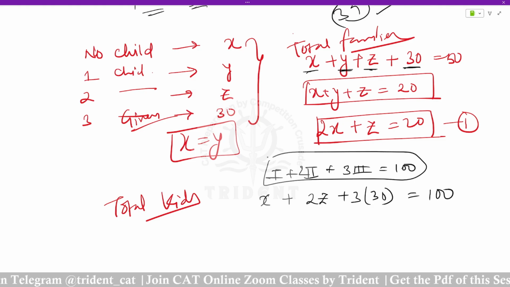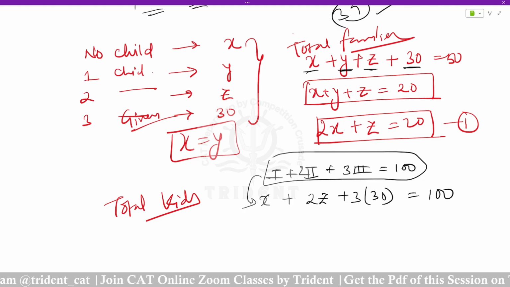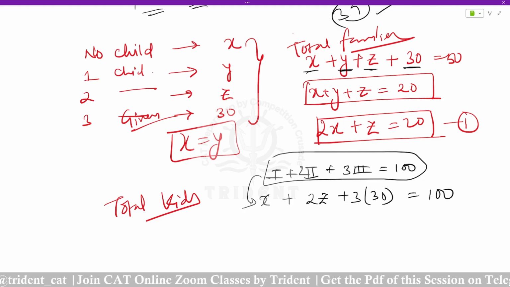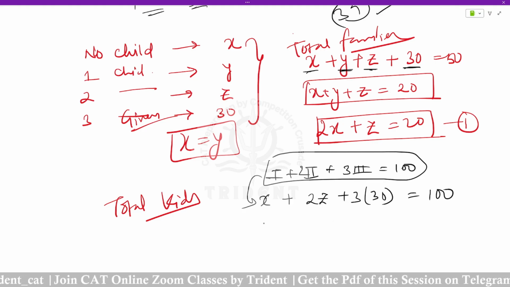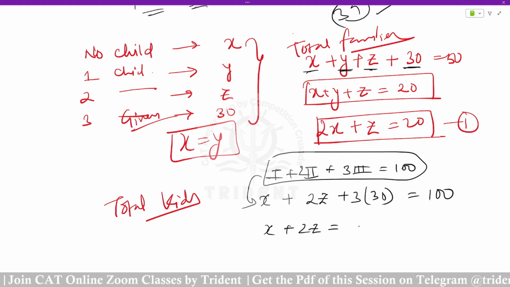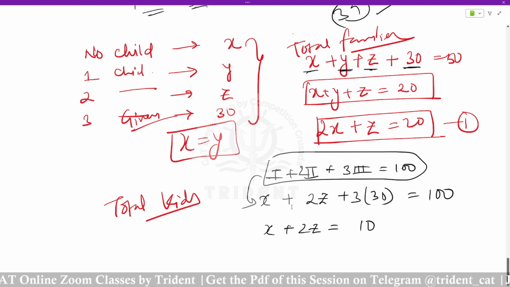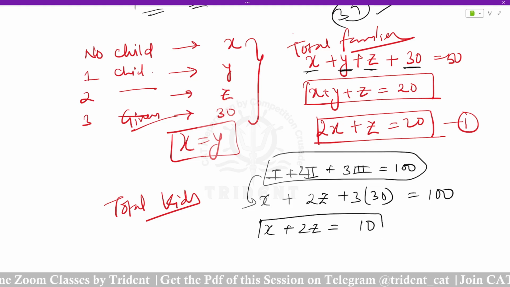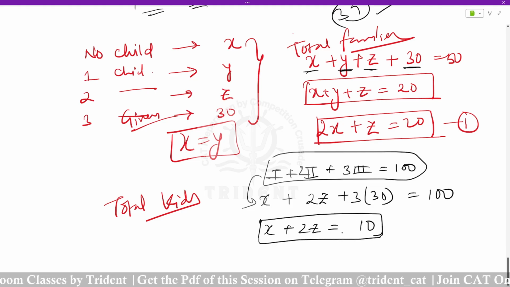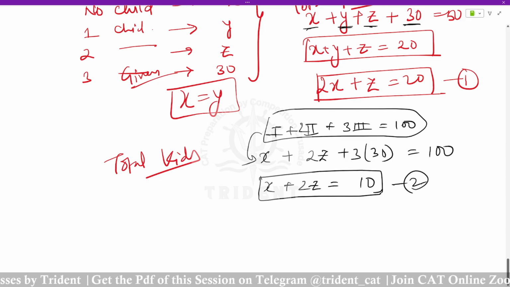This is the expression that we are using. ठीक है, and y को हमने x से रिप्लेस किया है, इंटरचेंजेबली यूज कर रहे हैं हम लोग. So x plus 2z is equal to 10. All right, so this is another equation that I have. Let's call this equation 2.